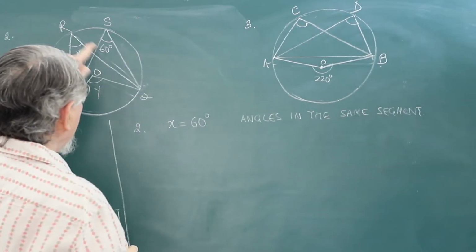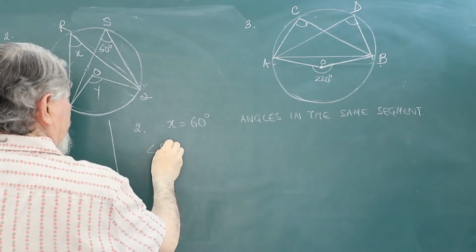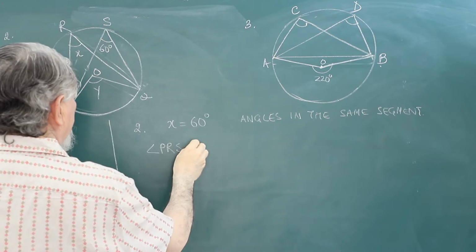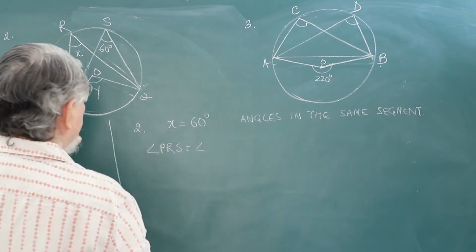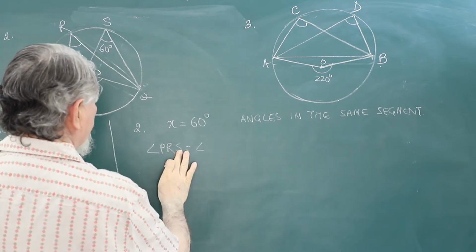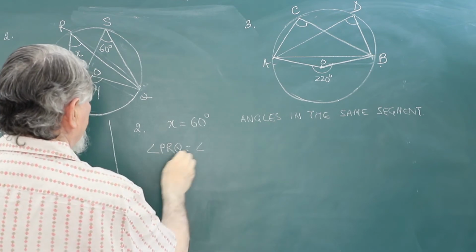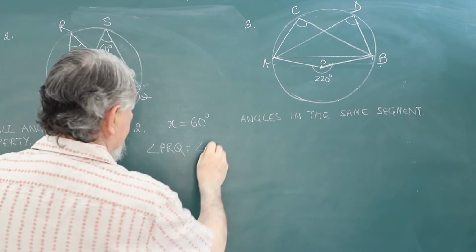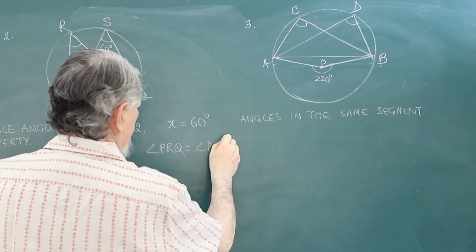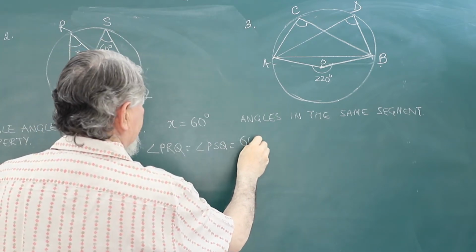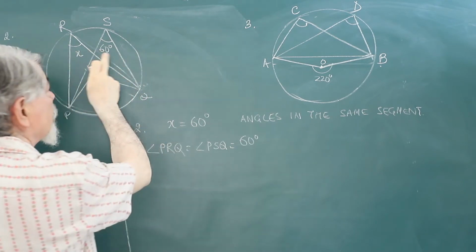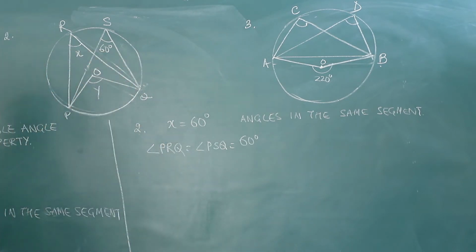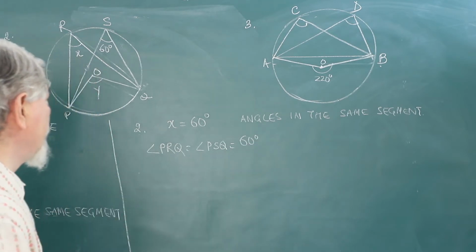So angle PRQ is the same as PSQ, and will be equal to 60 degree. That is what we have written. X is equal to 60 degree. Angles in the same segment of a circle are equal.